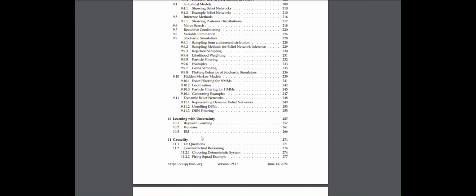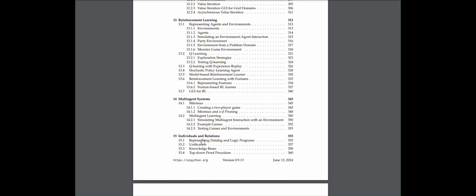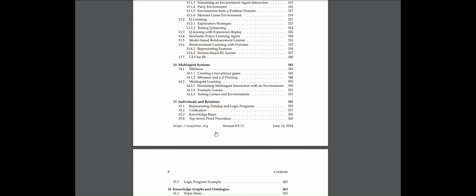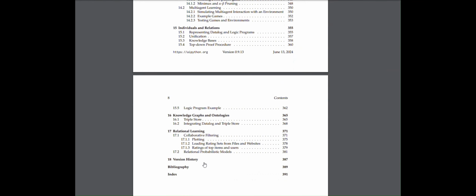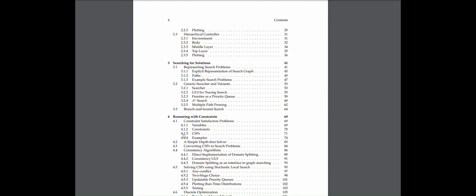Let's see what else we got here. Learning with uncertainty, causality, planning and uncertainty, reinforcement learning, multi-agent systems. This one might be interesting to learn. Individuals and relations, knowledge graphs, relational learning. So yeah, that's all as far as the table of contents.